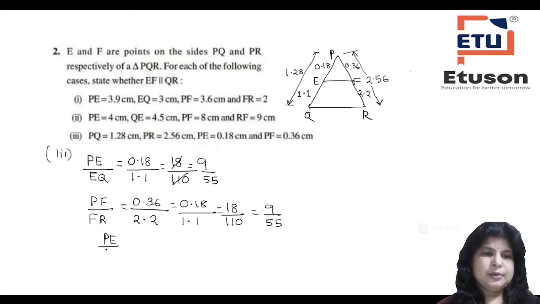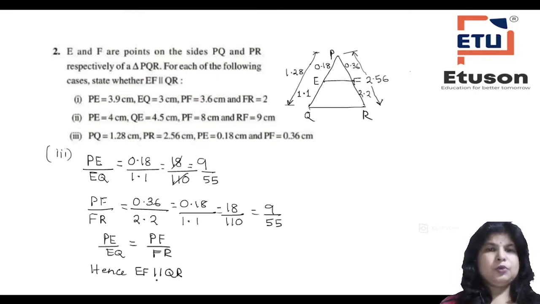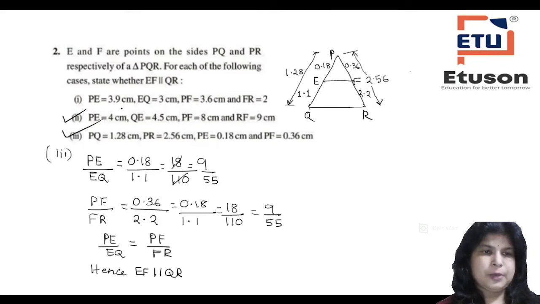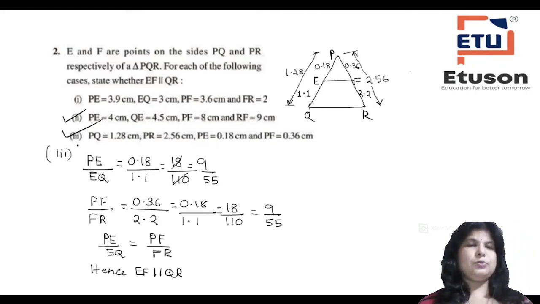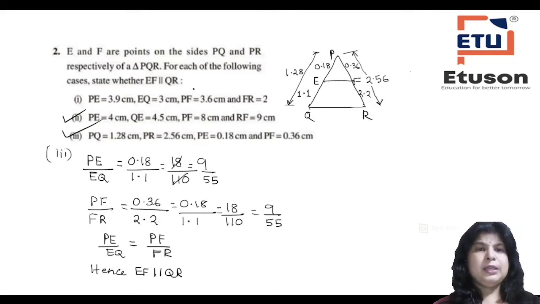So as PE by EQ is equal to PF by FR, hence EF is parallel to QR, right? So in two cases you got EF is parallel to QR. So in B2 and B3 you got EF is parallel to QR, correct?